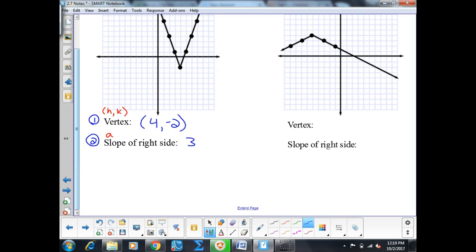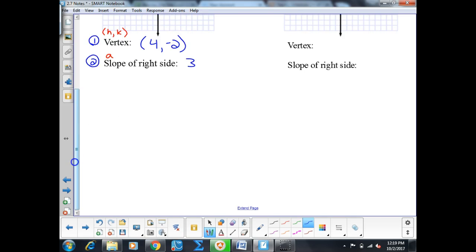So the standard form here of an absolute value is going to be y equals A times the absolute value of the quantity x minus h, then plus k. Right?